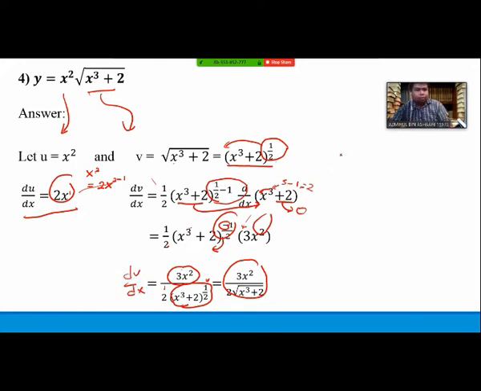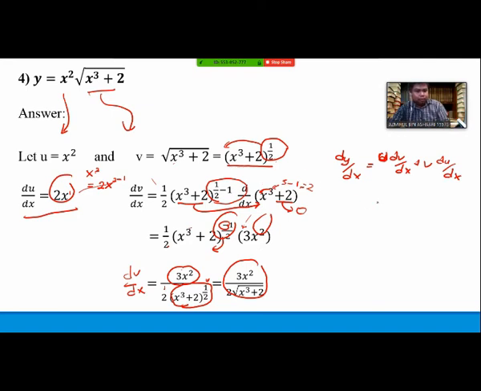Next, you want to find dy per dx. To find dy per dx is actually u dv per dx plus v du per dx.